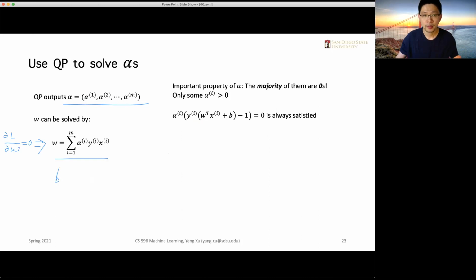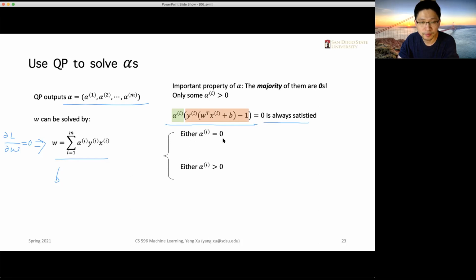And since for those, these conditions are always satisfied, then we can solve it in either case. For the alpha equals 0 case, this equation is automatically 0, right?